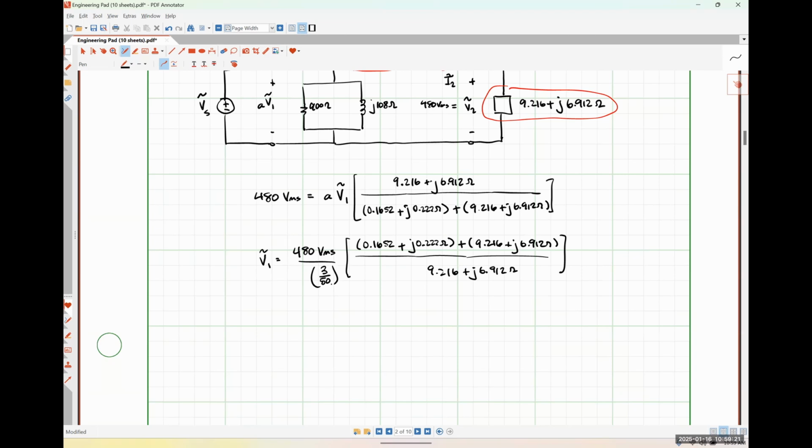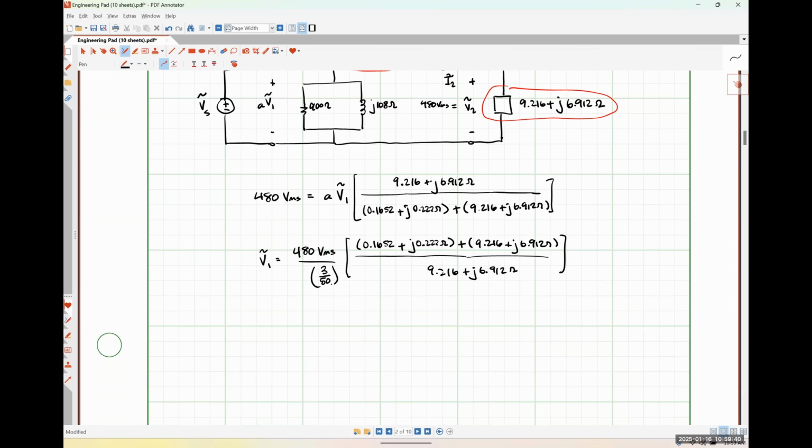So when I throw this thing into my calculator, 480 over 3/50. Press the fraction button.